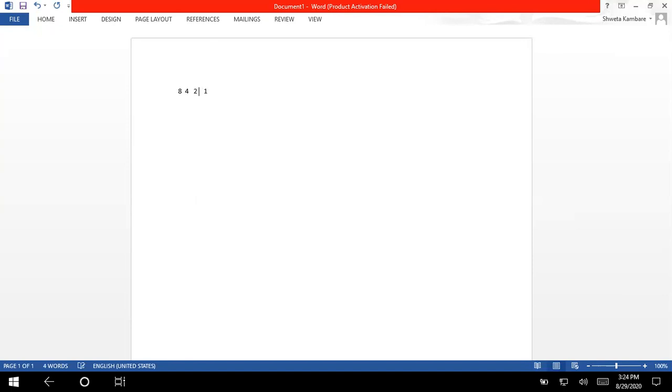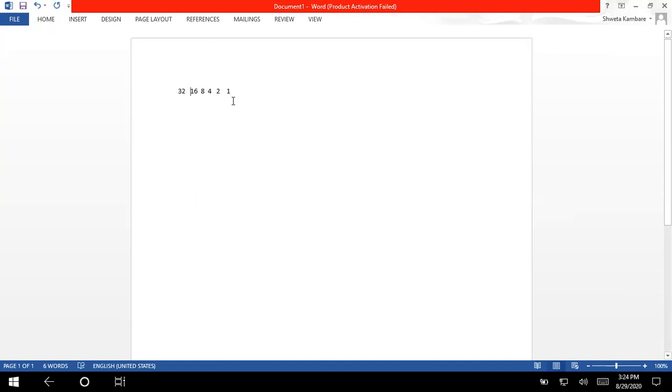Because I have 4 bits, it will be 1, 2, 4, 8. If I have 5 bits, it will be 16. If I have 6 bits, it will be 32. And these are actually the positions of bits.